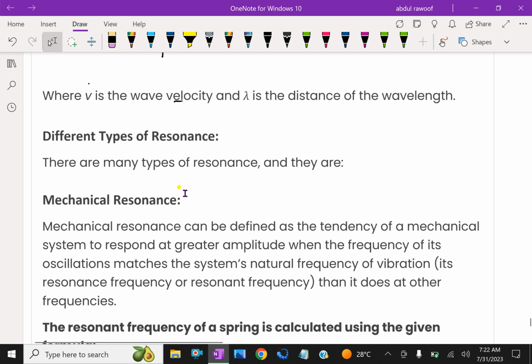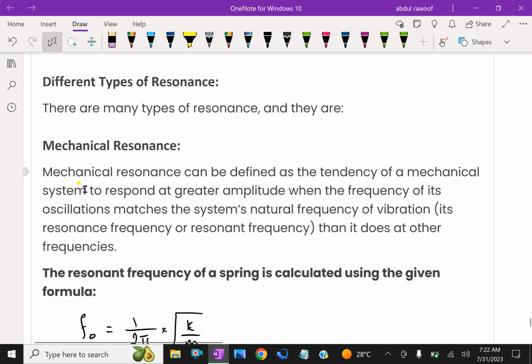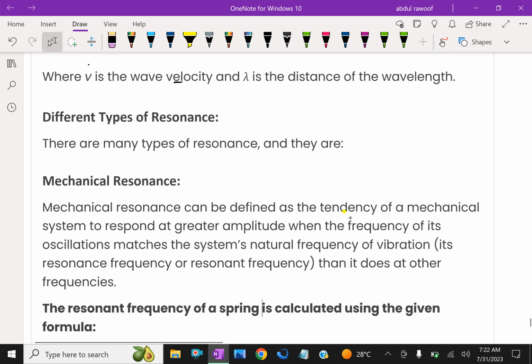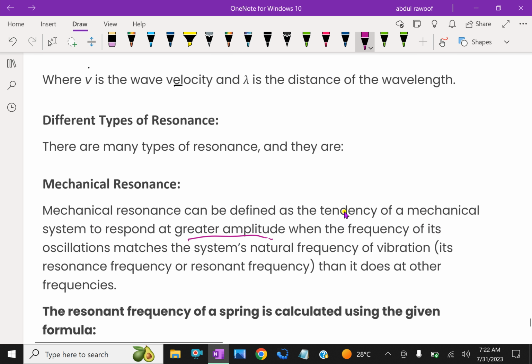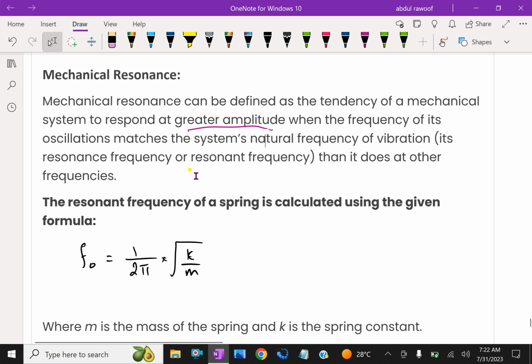Different types of resonance. There are many types of resonance. Mechanical resonance. Mechanical resonance can be defined as the tendency of a mechanical system to respond with greater amplitude when the frequency of its oscillations matches the system's natural frequency of vibration, its resonance frequency or resonant frequency, than it does at other frequencies.